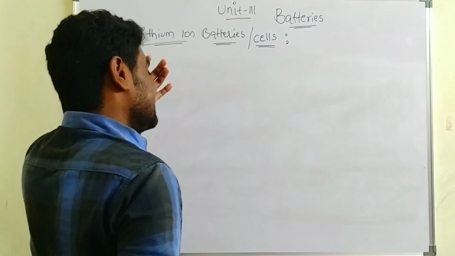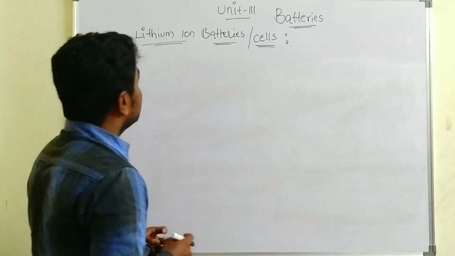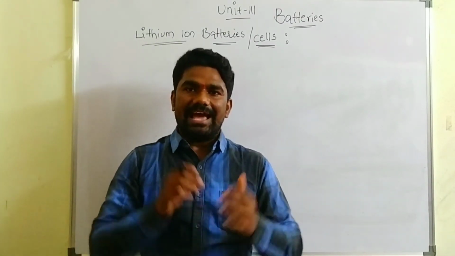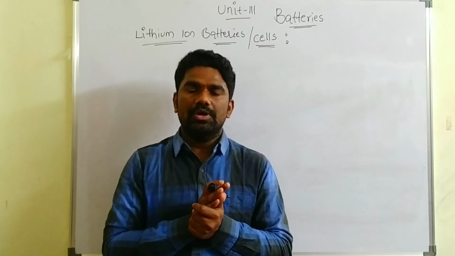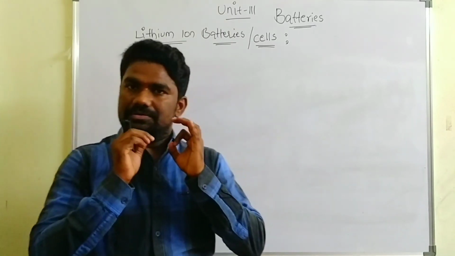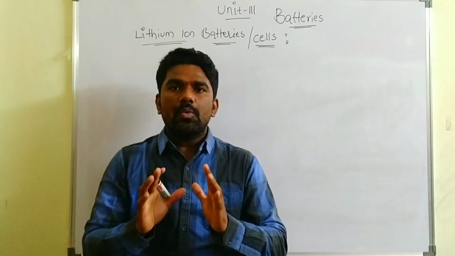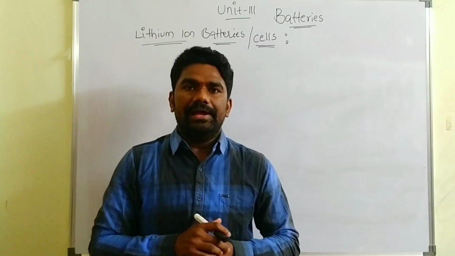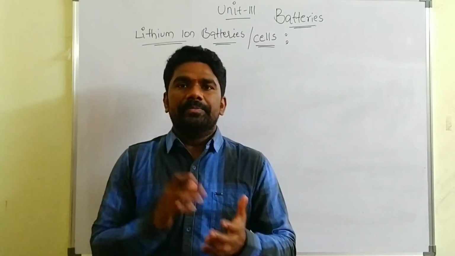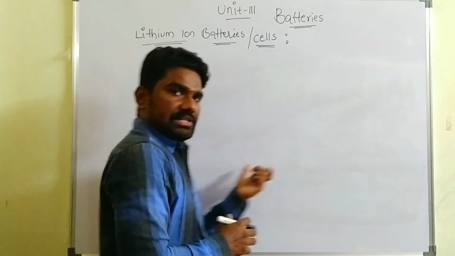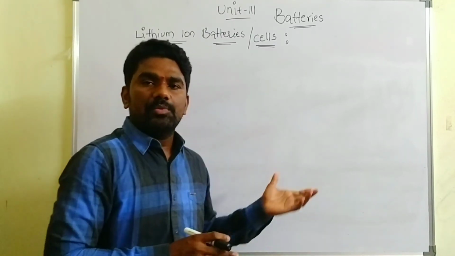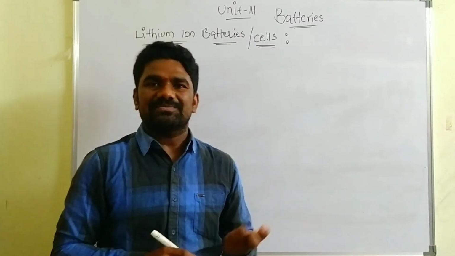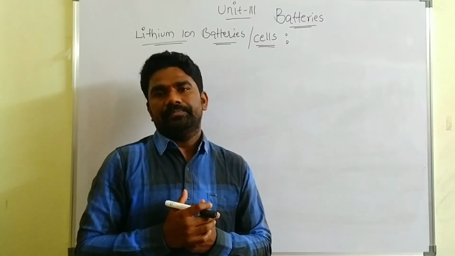Coming to the construction, as we discussed, here we have the lithium intercalated graphite acting as the anode electrode, and layered cobalt oxide acting as the cathode, and the mixture of ethylene carbonate and dimethyl carbonate with lithium hexafluorophosphate is the electrolyte.